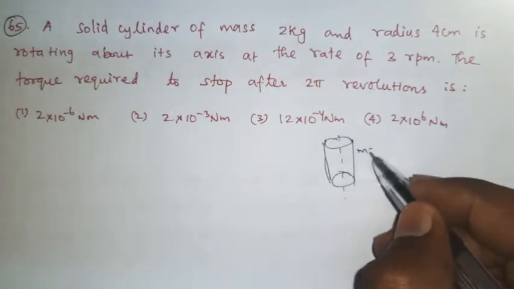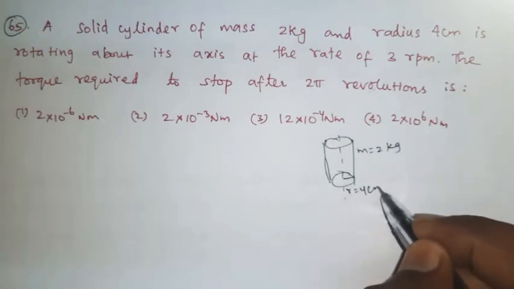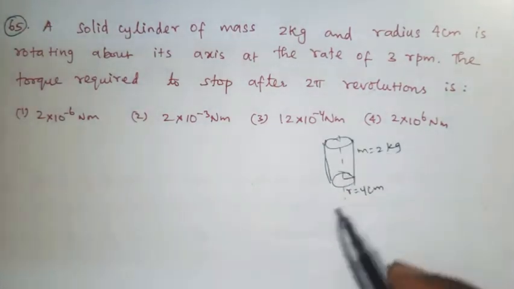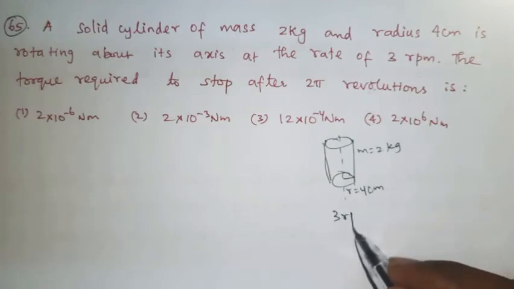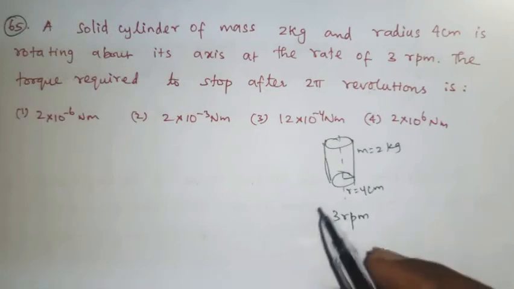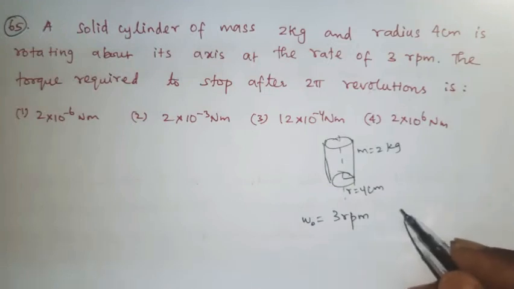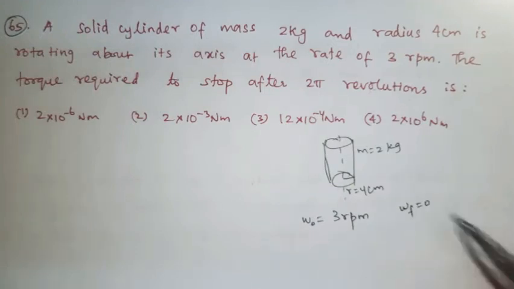Its mass is 2 kg. Its radius r is 4 centimeter. The rotation speed is 3 rpm. The rotation speed, that is omega naught, is the initial rotation speed. So the final rotation speed, that is angular velocity, will be 0.